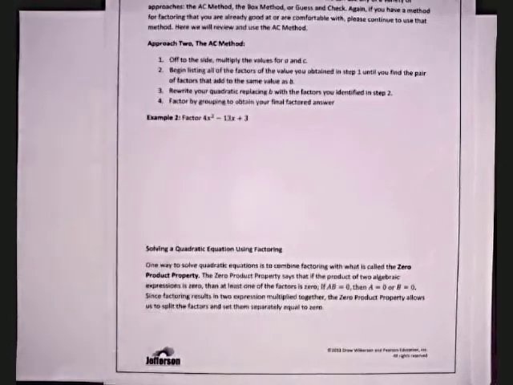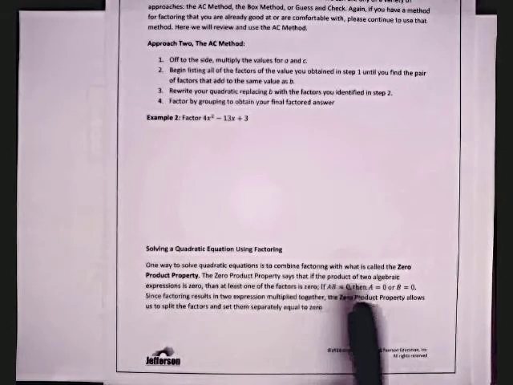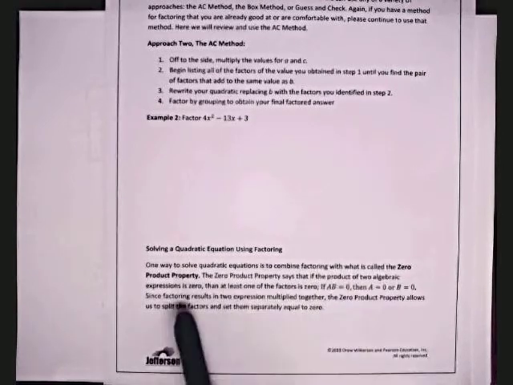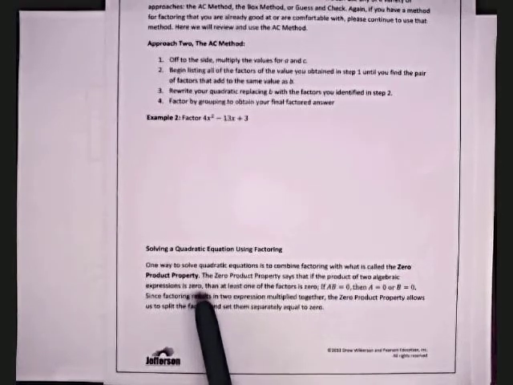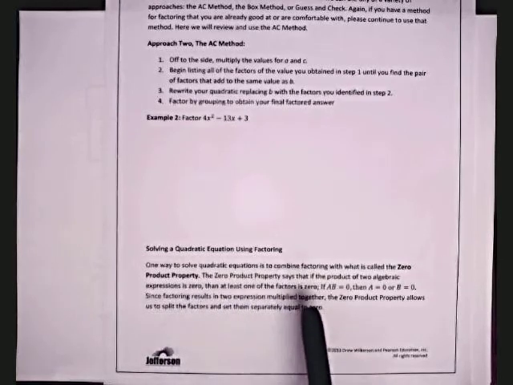So now let's look at how do I solve a quadratic equation using factoring. One way is to combine factoring with what's called the zero product property. The zero product property says that if the product of two algebraic expressions is 0, then at least one of the factors is 0.